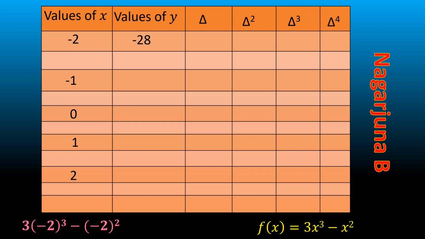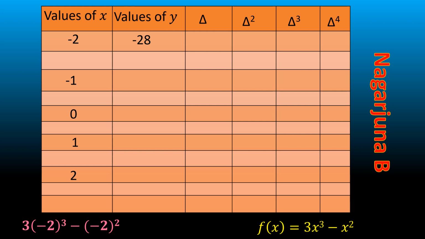After that minus. After that open the bracket, minus the small minus sign here. Before that it is a bigger minus sign, whereas here it is a small minus sign. 2, close the bracket, square. So now this will give the value, and that value is minus 28.